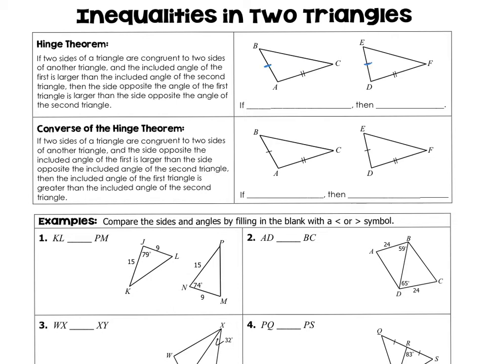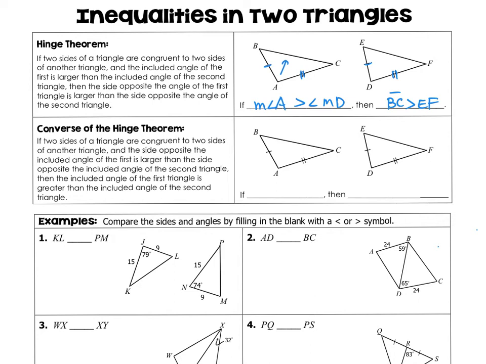It says that if I have two triangles, and two sides of the triangles are congruent, see here? If these two are congruent, and if one angle is greater, so angle A is greater than angle D, then I can draw the conclusion that their opposite sides, which is BC, has to be greater than EF, right?